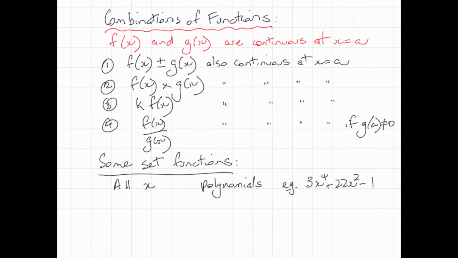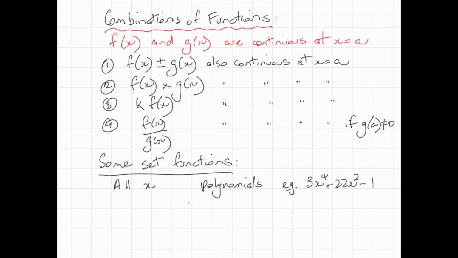That's a polynomial with integer, positive powers. So a polynomial can be up to any degree, and all of those are continuous. It doesn't matter what value of x, all polynomials are.